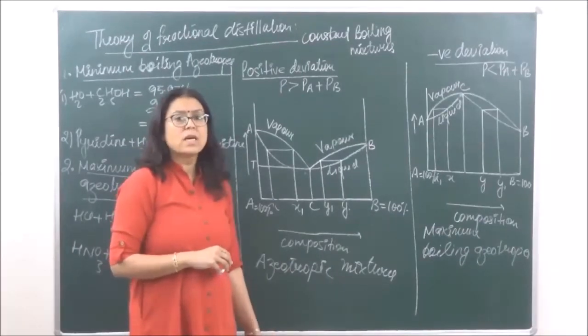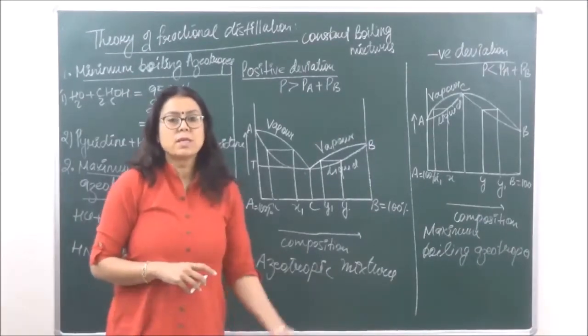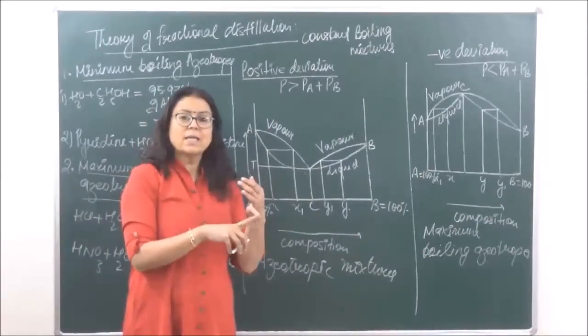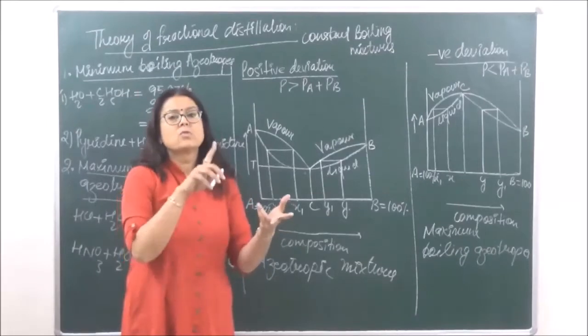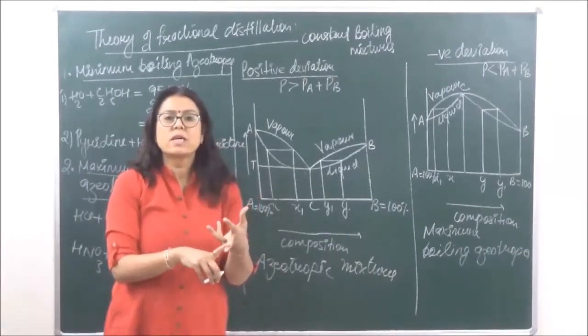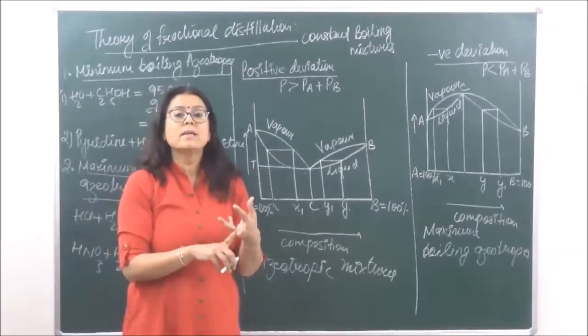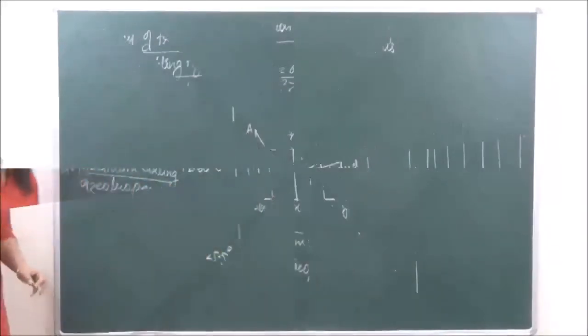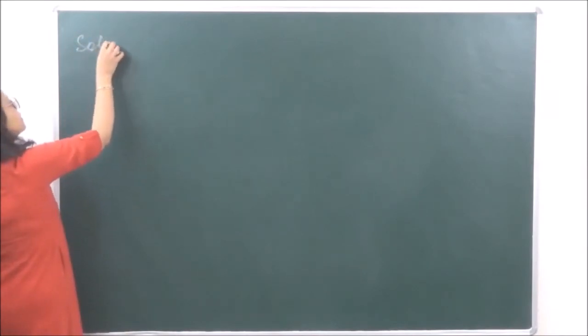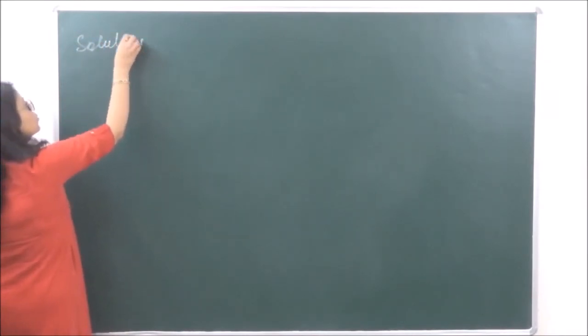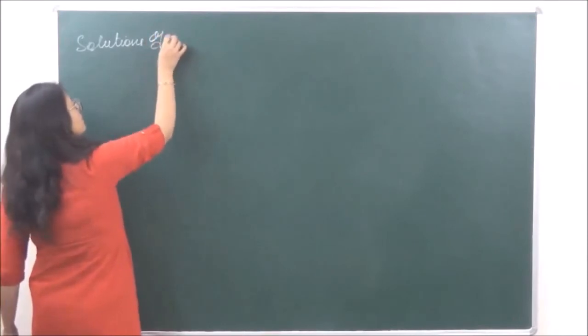Today we are going to discuss the next type of solutions. We have discussed number one, gas and liquid, and the second, liquid and liquid. So the third type of solutions which we are going to discuss today is solids in liquids.